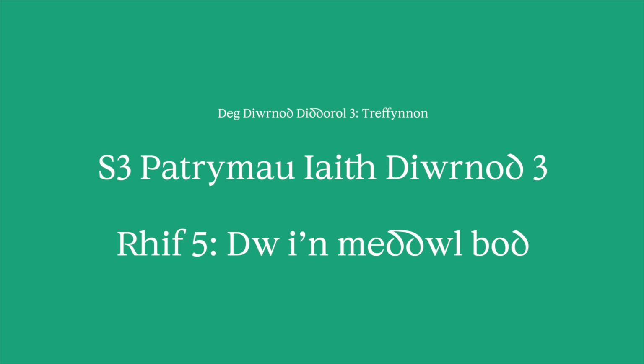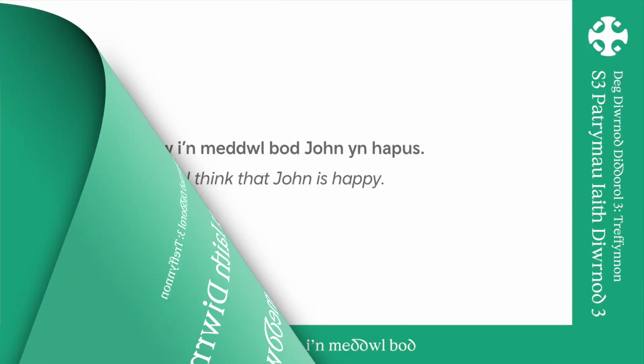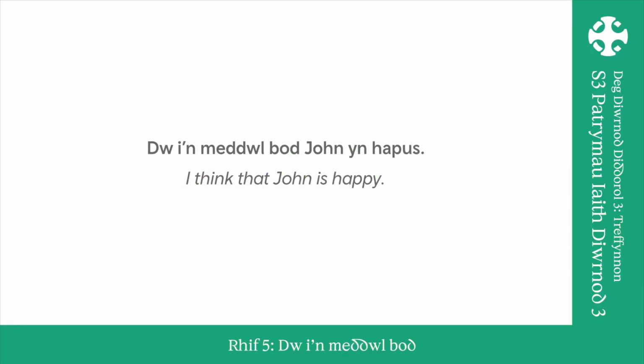Rhif 5. Dwi'n meddwl bod. I think that. The verb bod can be used in the middle of a sentence to convey that. For example, dwi'n meddwl bod John yn hapus. I think that John is happy.